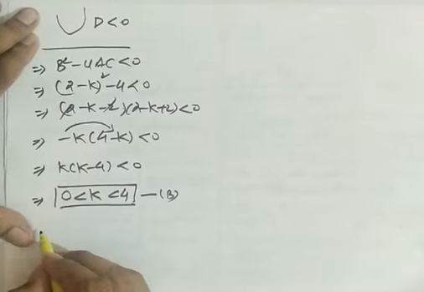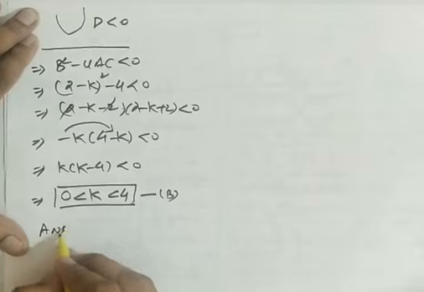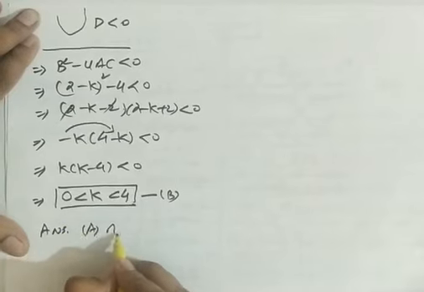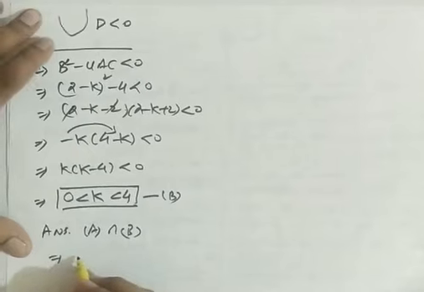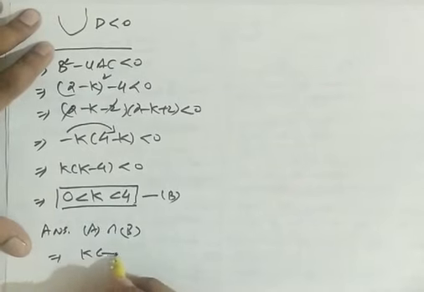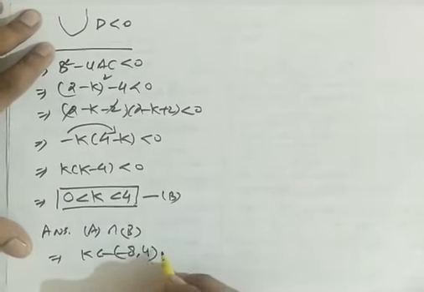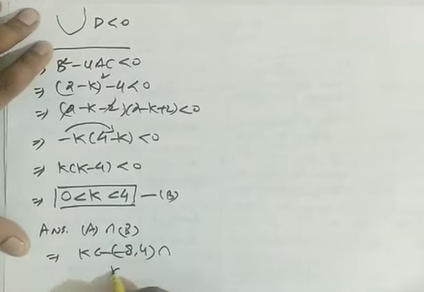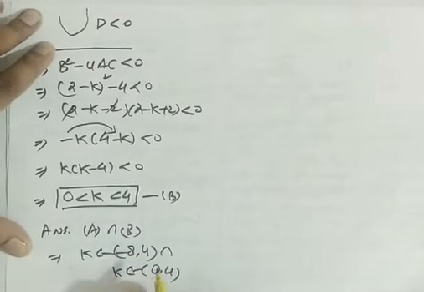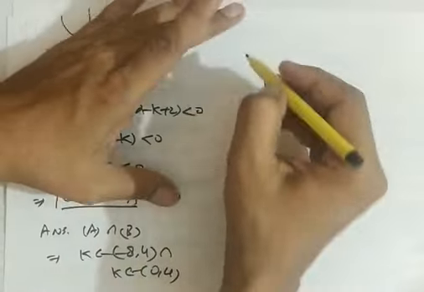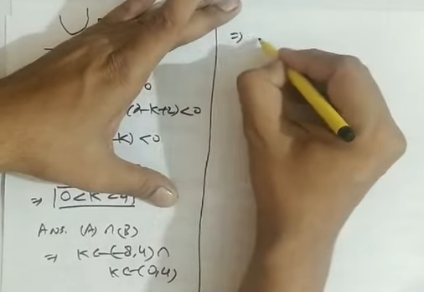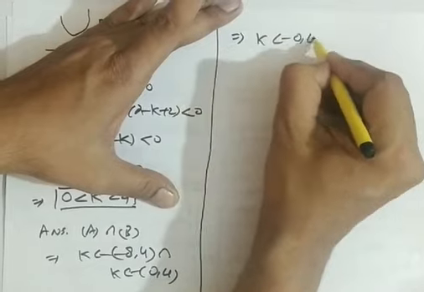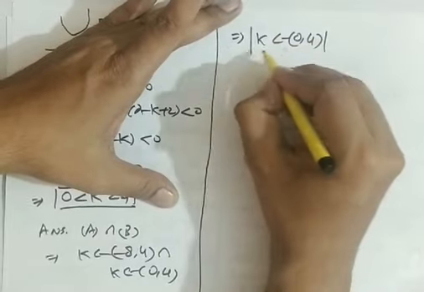So you can see that our answer will be A intersection B both. So that means k belongs to (minus 8, 4) intersection k belongs to (0, 4). So clearly the answer will be (0, 4). So k belongs to (0, 4) is the answer to this question.